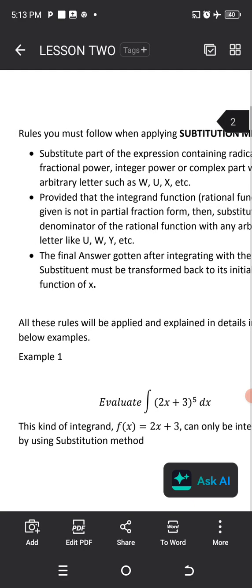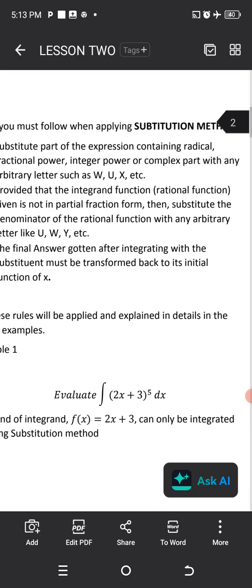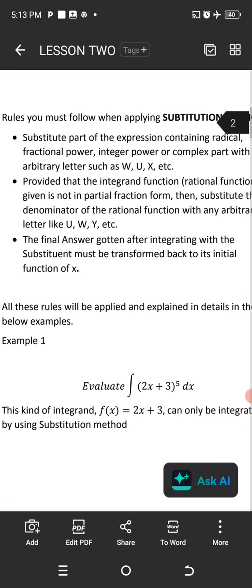So like I said, you are going to use a letter to represent them. After substituting, differentiating and getting the final answer, the u is going to be returned back to the initial integral function.